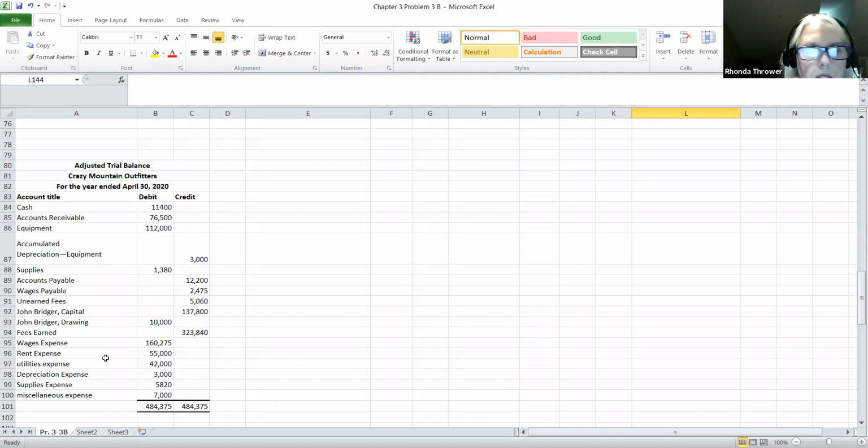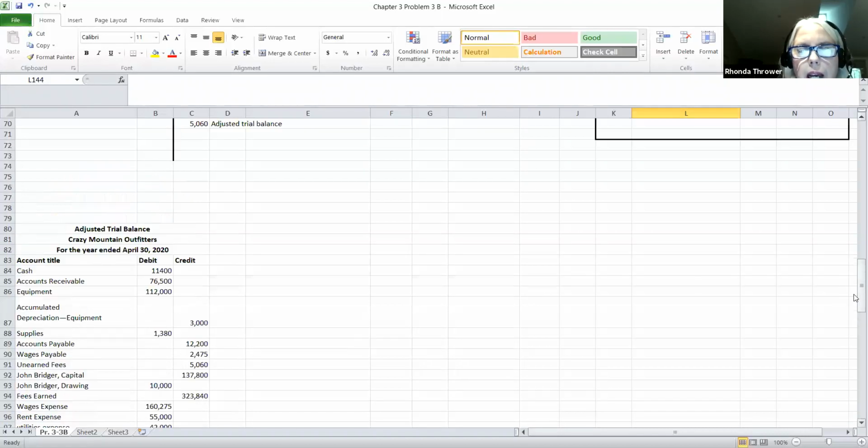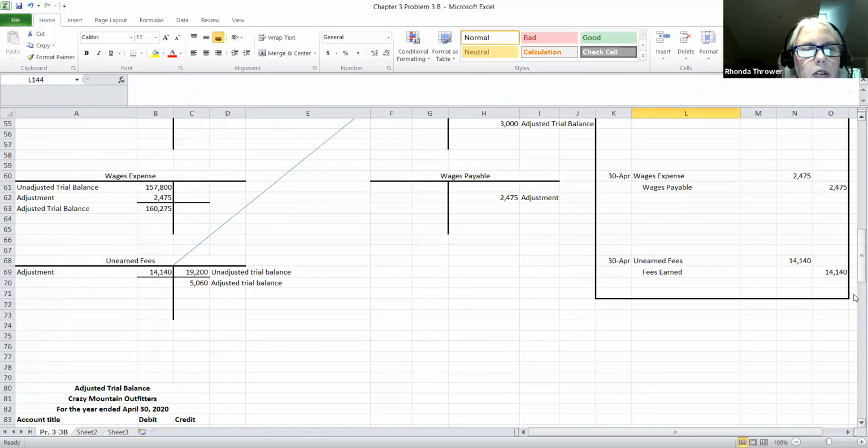You're going to need to know how to do this before we can talk about what goes on in the next chapter. We're just adding steps as we go through these chapters. So even though they didn't ask you to prepare an adjusted trial balance, I did one for you. And it's coming from all the accounts that are in the ledger.